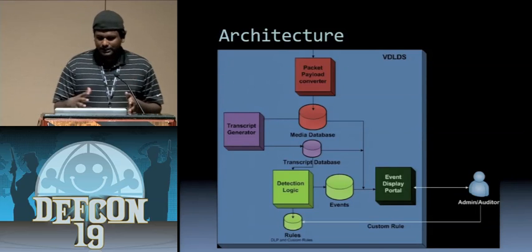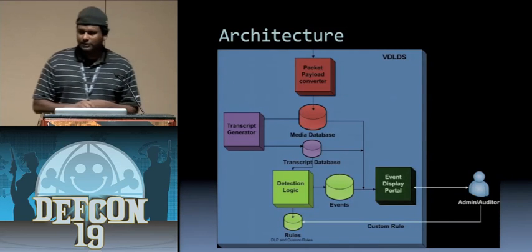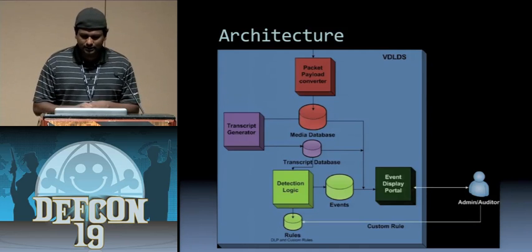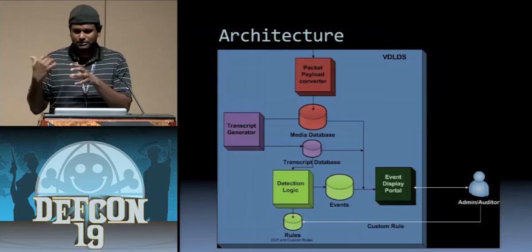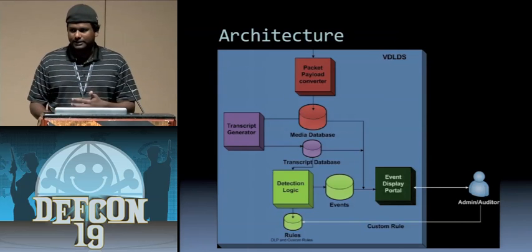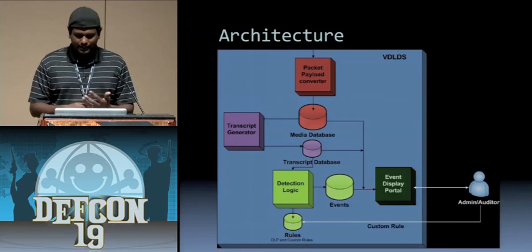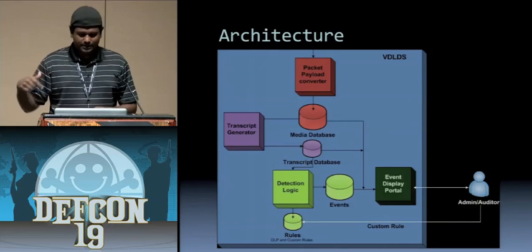A little bit more detail on the actual architecture of our tool: we have the payload converter. The payload is basically the wire packets with RTP packets in there, and we convert that into media and store it in a media database.